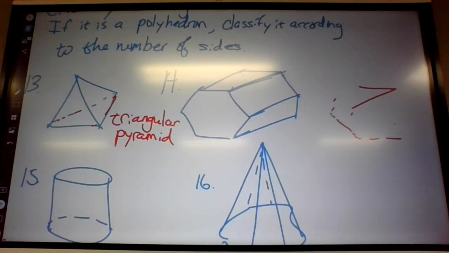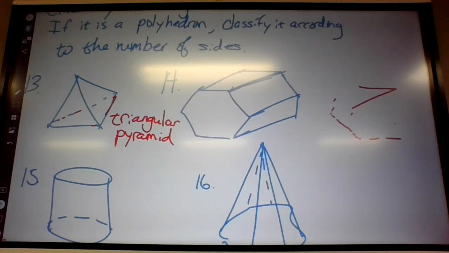pyramid. It has flat surfaces, so it's a polyhedron. So how many sides does it have? Is it 1, 2, no. 4? 4 if you count the base, right? Okay, 4, and do you remember, 4 was the weird prefix for polyhedron, does anybody remember?